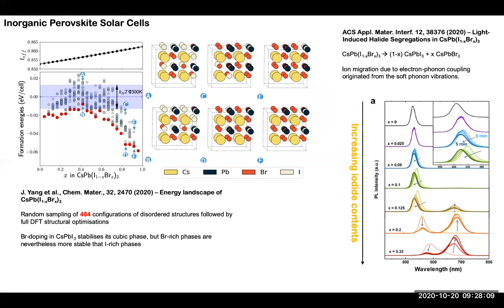Now, there are other reasons. For what we understand, there might be a kinetic reason for that, because when you have very low doping concentration, the dopant has to move quite far away to come together with something similar. So that's perhaps why you don't observe these things when you have very dilute doping.